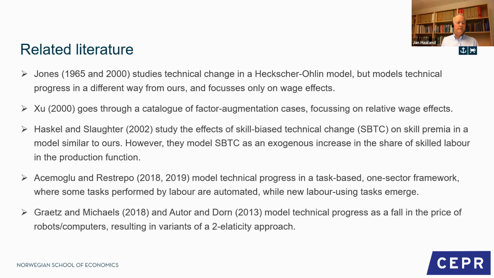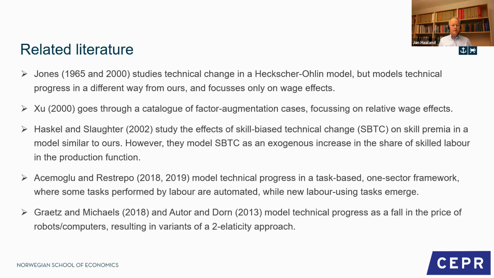And all of these mainly focus on how relative wages are affected by technical progress for one of the factors. We differ from these in the sense that we look at employment effect as well as relative wage effects, and we also model technical progress slightly differently from some of these.